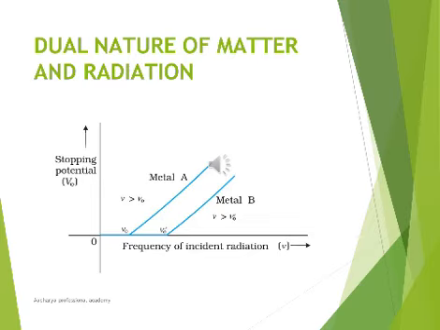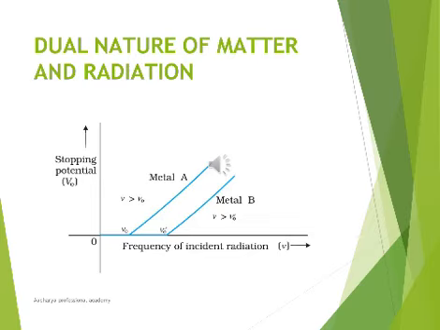Till nu naught, is there any photocurrent? Till nu naught, there is no photoelectric emission. Only when the frequency of the incident radiation is greater than nu naught will the photoelectric emission take place.